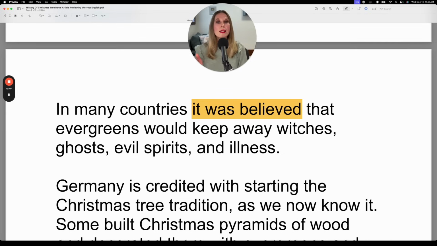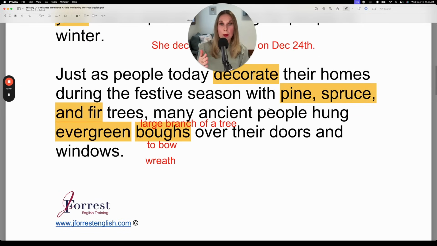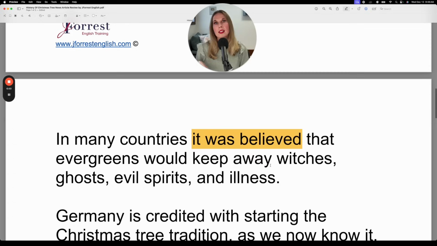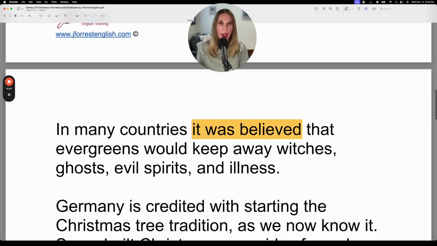Now, because they use was as the past simple, I know this is talking about the past and they mention ancient people. So I understand this was a tradition of ancient people. This isn't a widely held belief in North America today. And this is not why we hang boughs or wreaths or garland today.